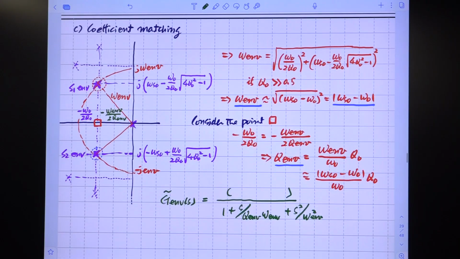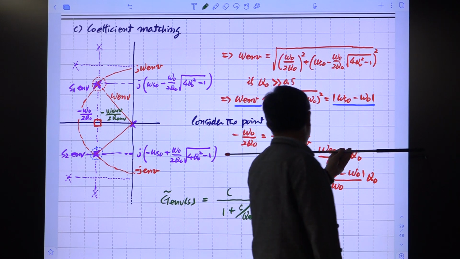But in here, we are trying to find this omega ENV and QENV, right? So if you have omega ENV and QENV, then this x coordinate remains the same. So this value and this value should be the same. That is the same x coordinate. Then you have this expression, right?